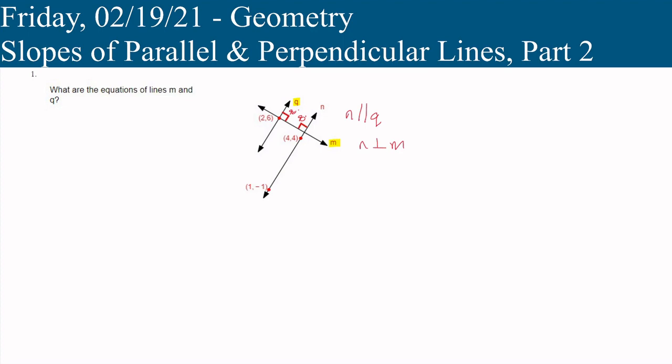Get that perpendicular slope for line M, and then start plugging in this other point. That'll work, right? So we have a game plan.